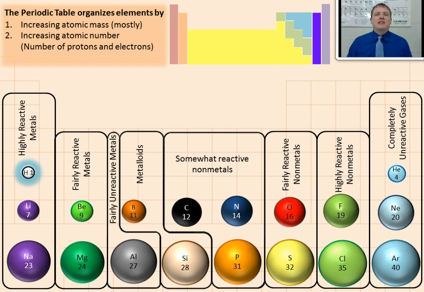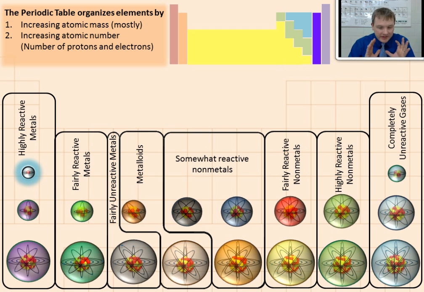The number of protons, by the way, is always listed at the top of the element square. And for each element on the periodic table, it always counts up by one more proton than the previous element. If I were to peel away that outer layer of the atom so you can peer inside, you can see that each of these atoms on my periodic table has one proton more than the previous atom had.